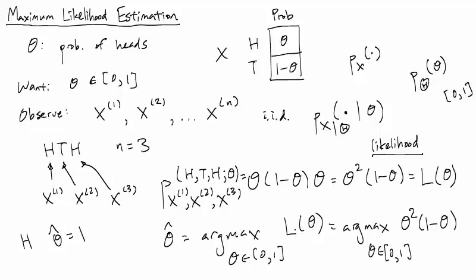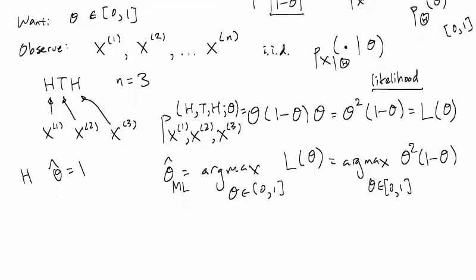So instead of maximizing the likelihood, where I'll write theta hat sub ML for maximum likelihood, we'll instead maximize: argmax over theta within 0, 1 of the likelihood, which I'll now write out.